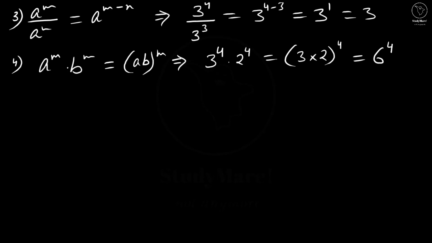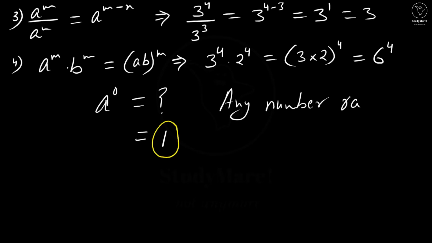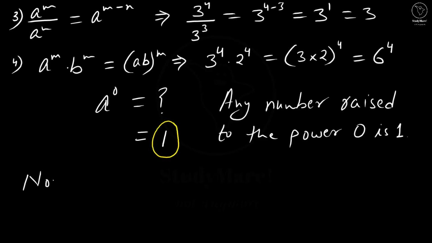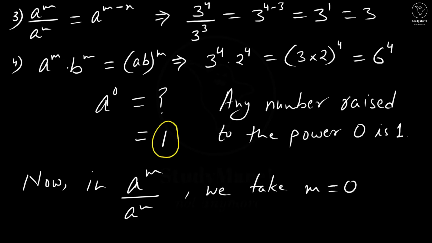Do you know what is the value of a⁰? You must have already learnt it in your previous classes. It is 1, which means any number raised to the power 0 is always equal to 1. Now, in a^m by a^n, we take m equal to 0.